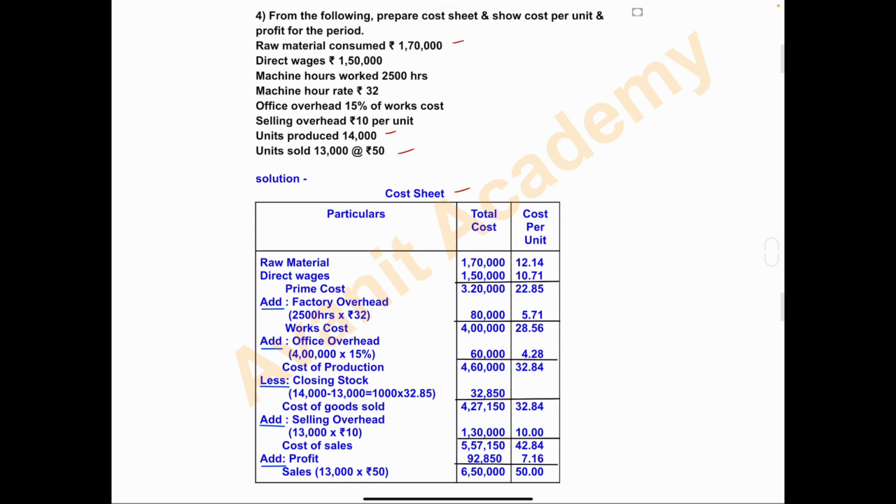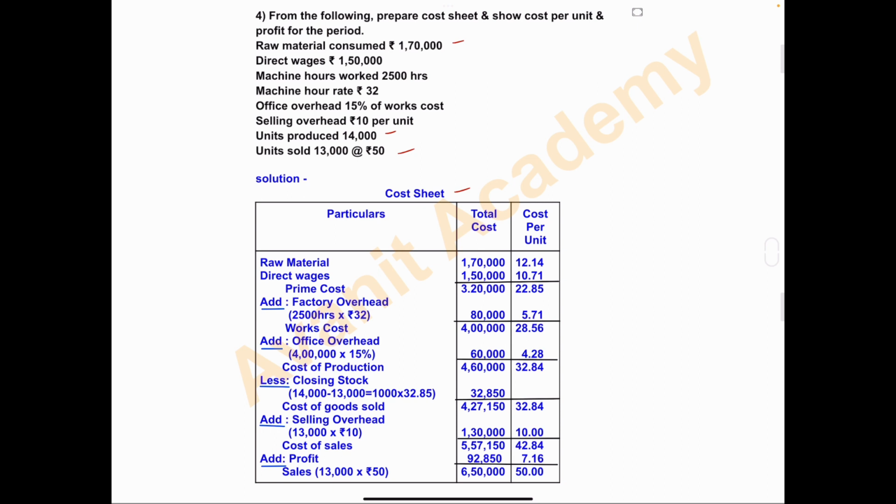So in this problem, units produced are 14,000. So we have to calculate total cost of 14,000 units and cost per unit. Total cost of the raw material of 14,000 units is 1,70,000.